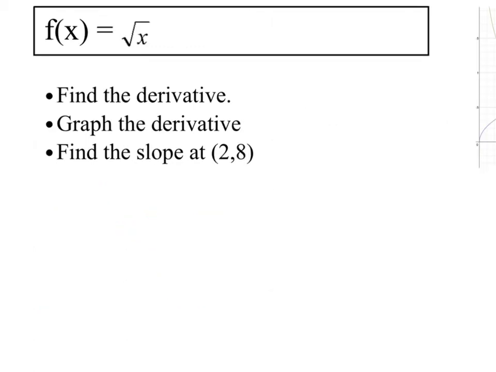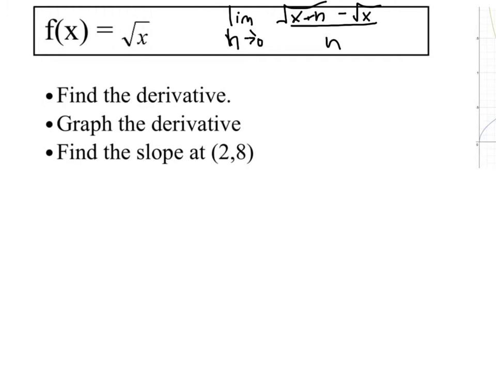Now this one is a little bit trickier to do the setup for. We do the limit as h approaches 0 of the square root of x plus h minus the square root of x, all over h. And to get this, we'd actually have to multiply by the conjugate, meaning the square root of x plus h plus the square root of x, over the square root of x plus h plus the square root of x.